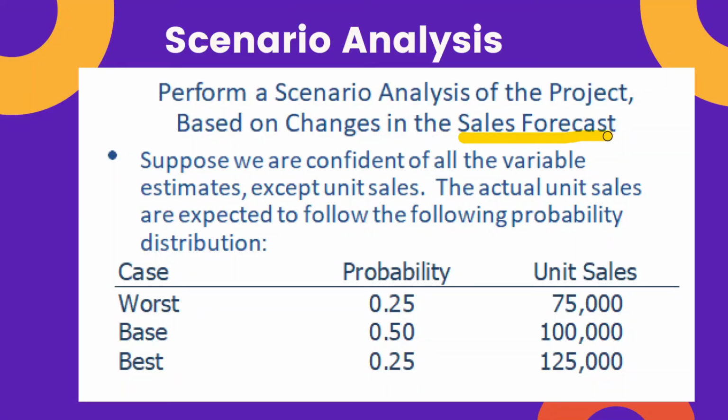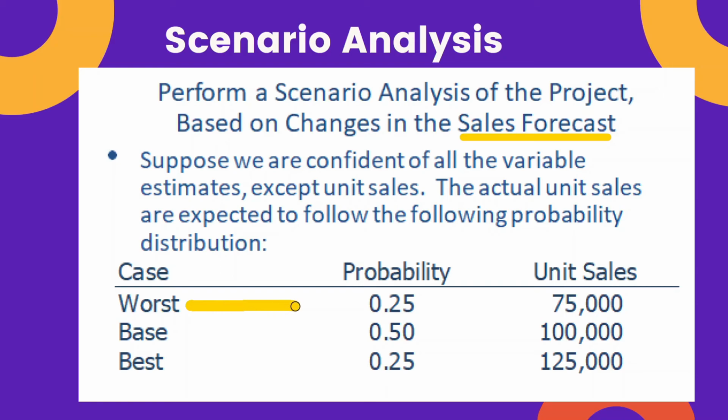In our sales forecast, we expect to produce and sell 100,000 units. This is our base case scenario. The situation might be worse and we might be able to sell only 75,000 units. If things turn out to be very good, we might be able to sell 125,000 units. These are forecasted numbers based on 3 scenarios: worst case analysis, base case analysis, and best case analysis.